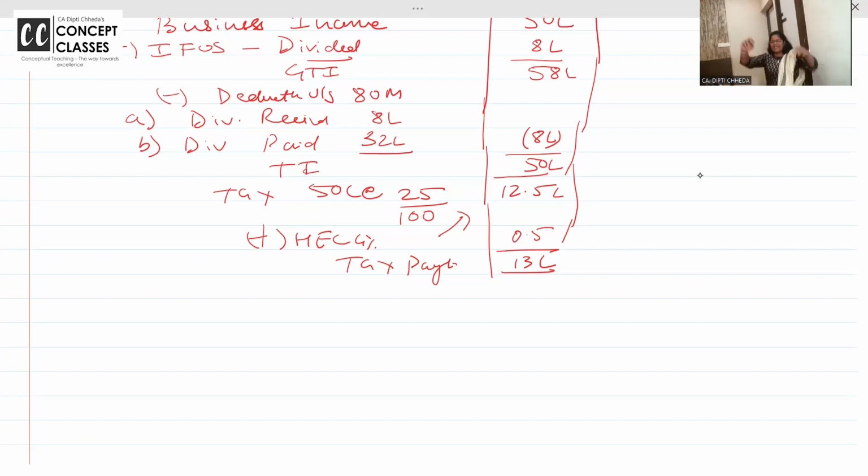Interesting or not? Easy? Did all of you follow? Tax calculation also they can ask along with the total income. So that's all about the concept of dividend and your deductions.